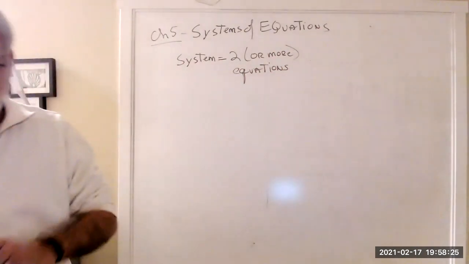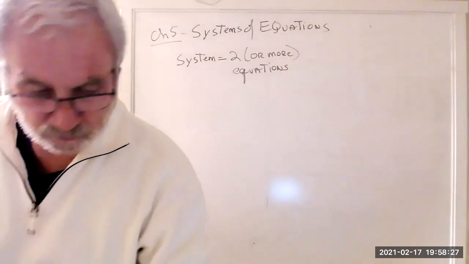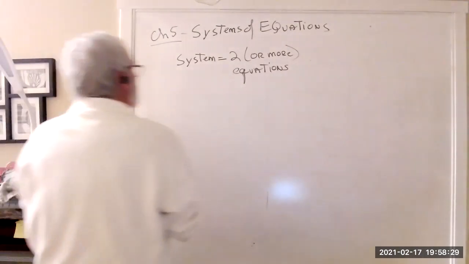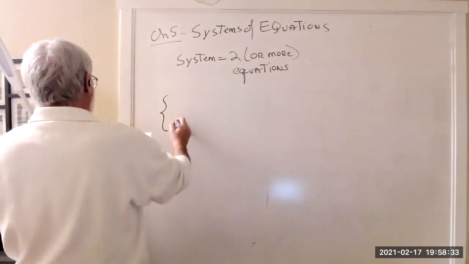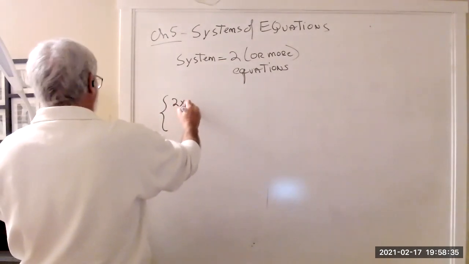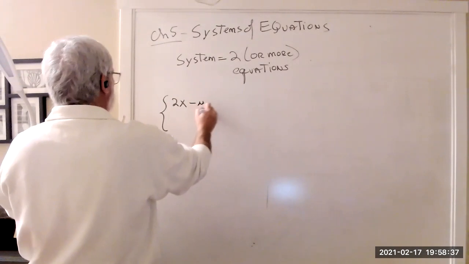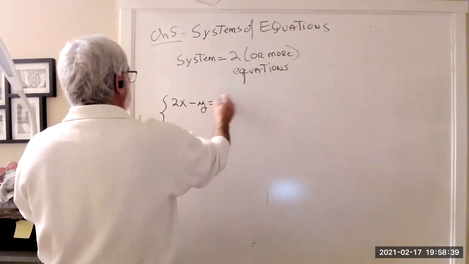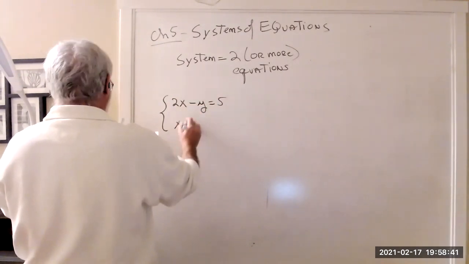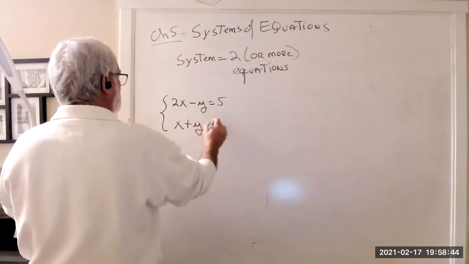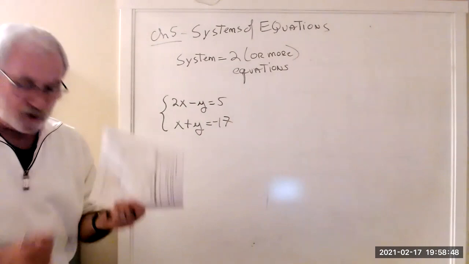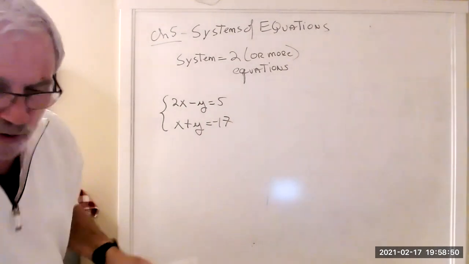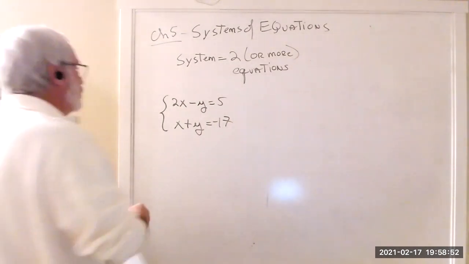So, for example, we write this. The brace here is just meant to indicate that these two separate equations are actually part of one big problem. This is a system of equations. It's two equations with two unknowns.